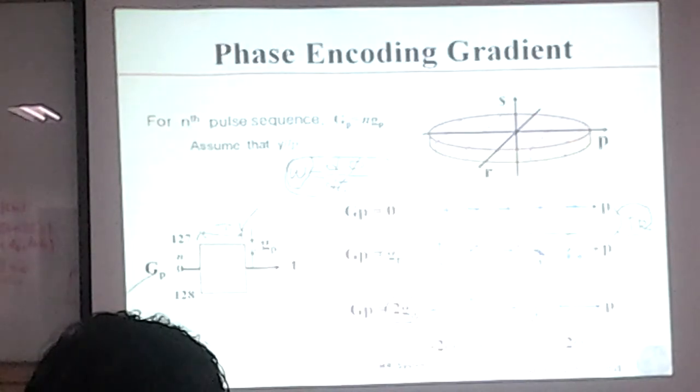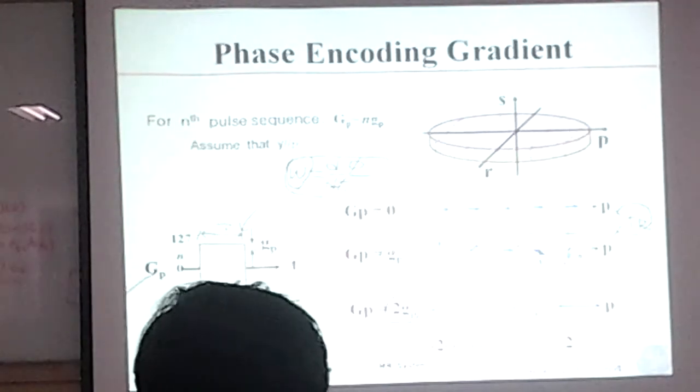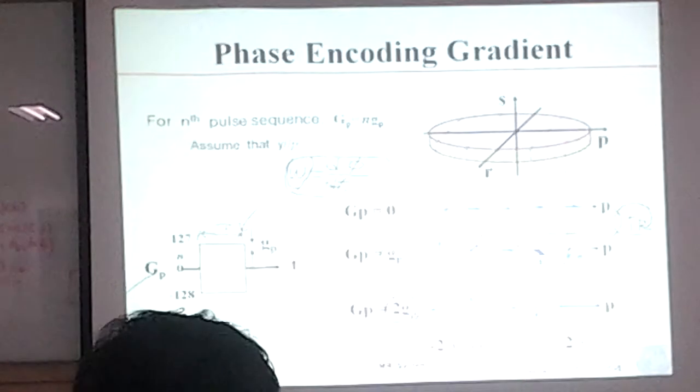So this point has a larger phase variation rate than this point. That means it has a larger frequency, right? So from this phase variation, we can estimate the frequency corresponding to each position.